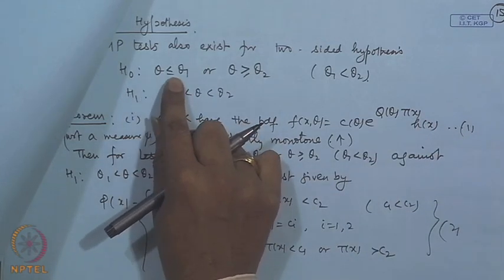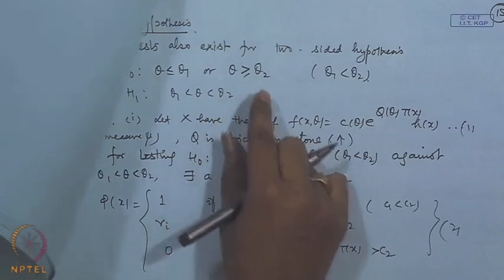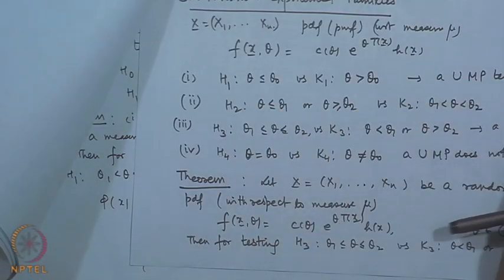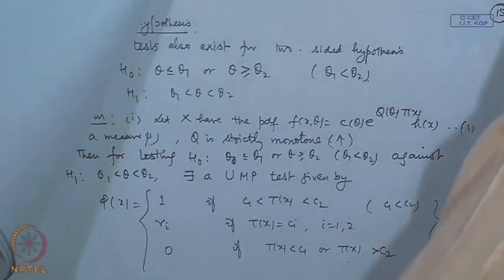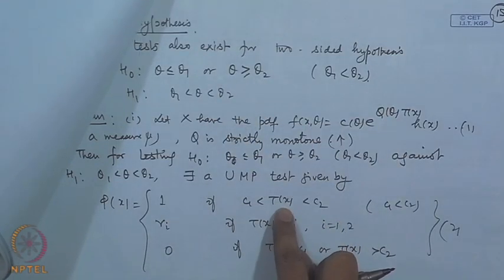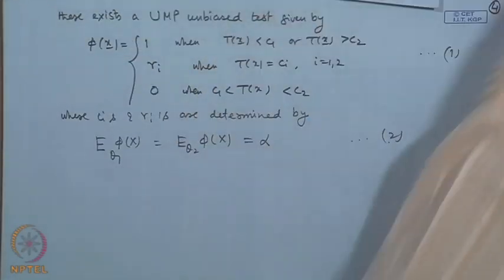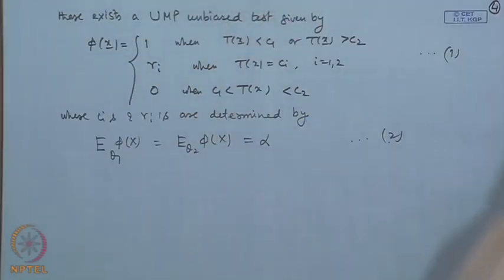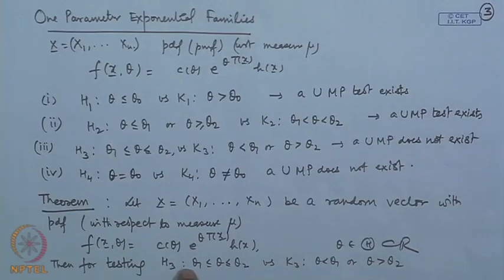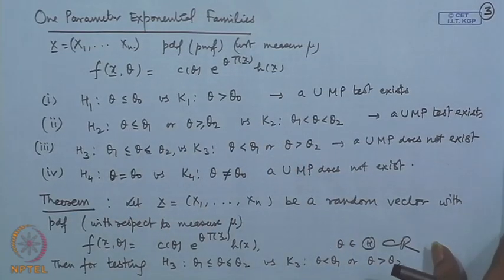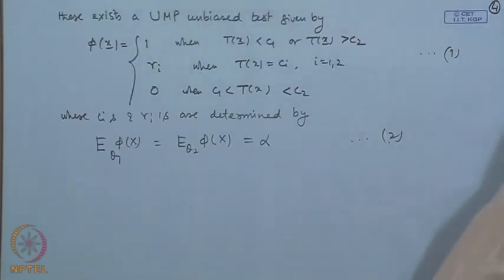For theta less than or equal to theta 1 or theta greater than or equal to theta 2, which I am actually describing as H2, a UMP test was given. Now, in H3 we are having simply the dual of this H2. However, the test is UMP unbiased here.